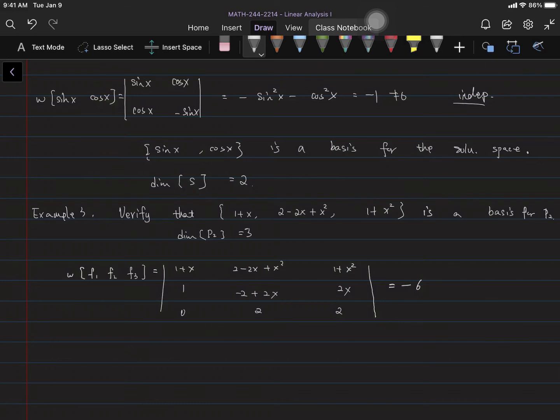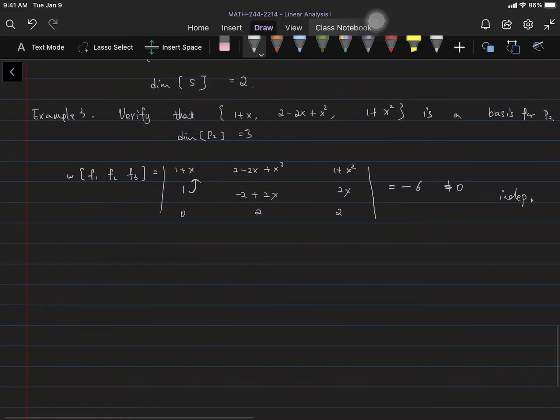We skip the detailed calculation, but you can simplify it yourself. This doesn't equal 0, so they are independent, so we know f1, f2, f3 is a basis for P2.